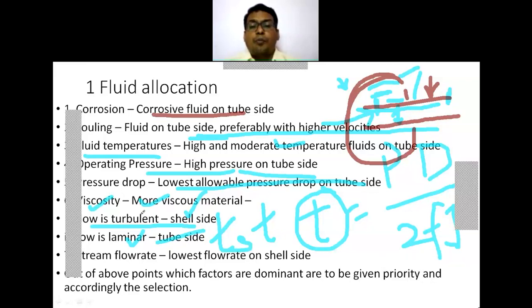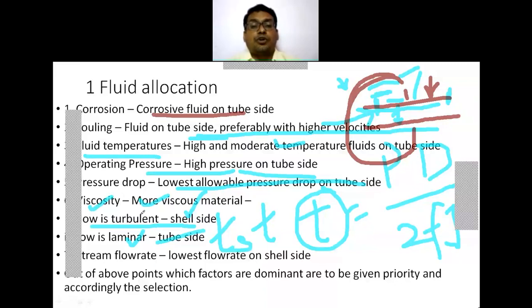Out of the above points, whichever factors are dominant are to be given priority, and accordingly the selection has to be done. So it is not always that for the corrosive fluids you use the tube side, and for fouling fluids you use the tube side. If the fluid temperatures are high, again the tube side. If operating pressure is high, again the tube side.